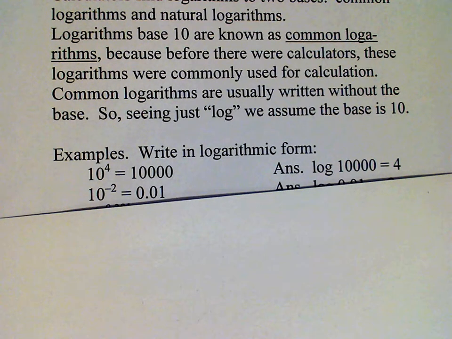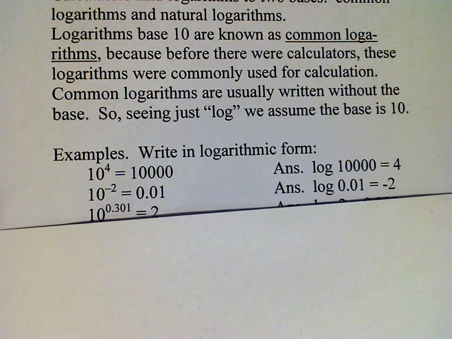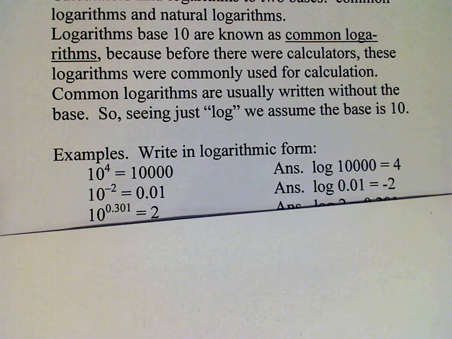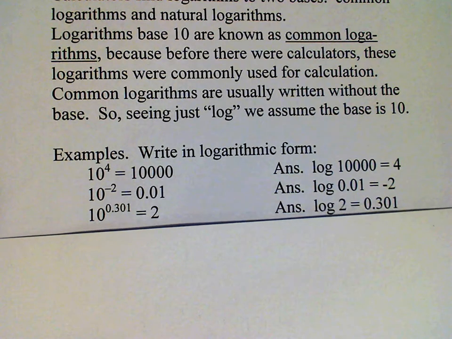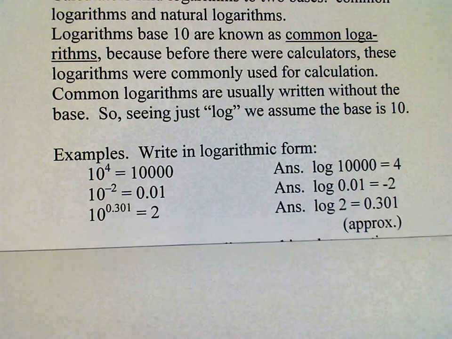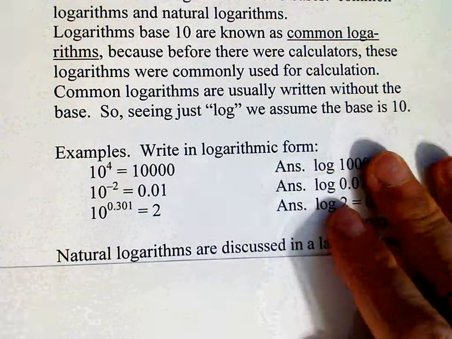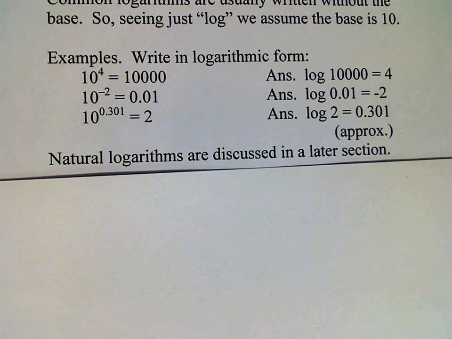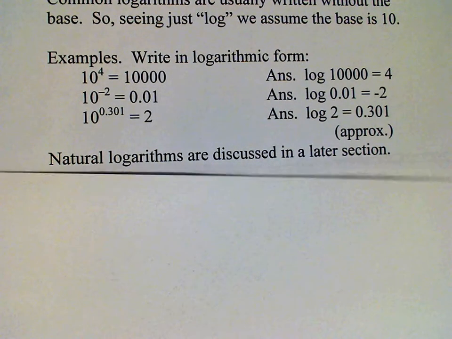So therefore log 0.01 equals negative 2. And 10 to the 0.301 power is equal to 2 approximately. Therefore log 2 is approximately 0.301. And natural logarithms will be discussed in a later video.